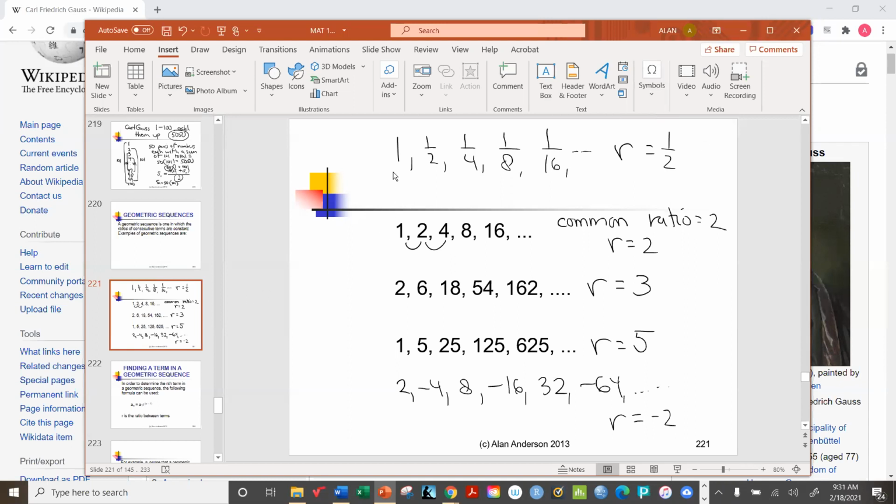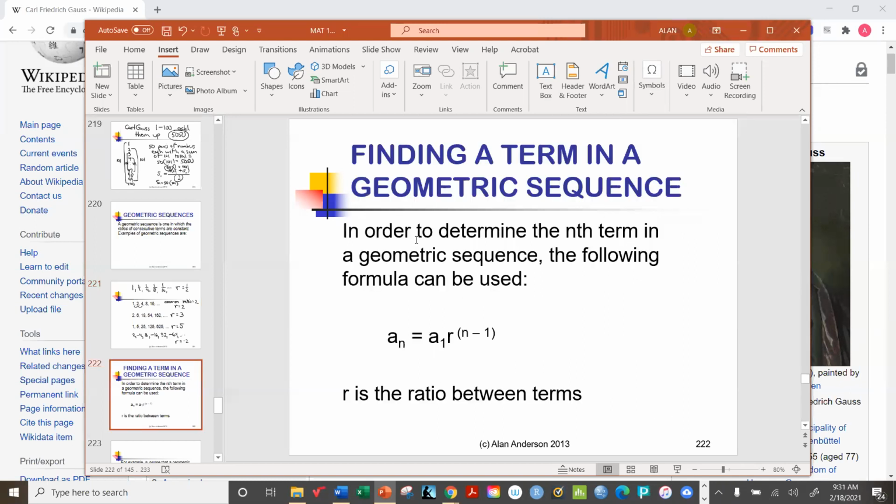Now, just like before, we would like to have a formula that will help us identify a particular term, and we do in fact have one. You can tell this applies to the geometric sequences because there's no D in here, but instead we have an R. Okay, so that R is the common ratio. N is the term that we are looking for. So we'll call that the nth term.